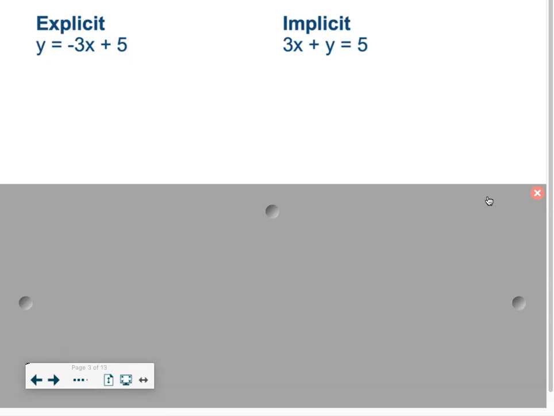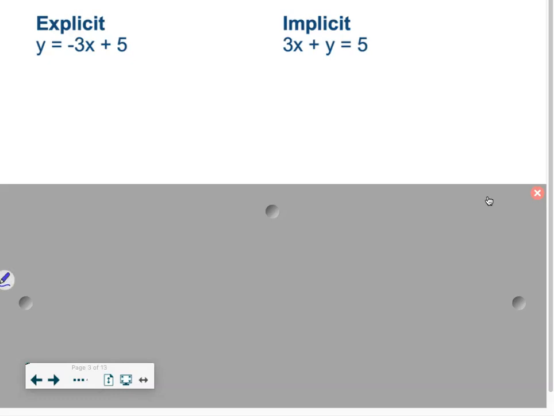It's probably directly saying the slope versus the line. You're right. All right, this group, what do you guys think explicit means?